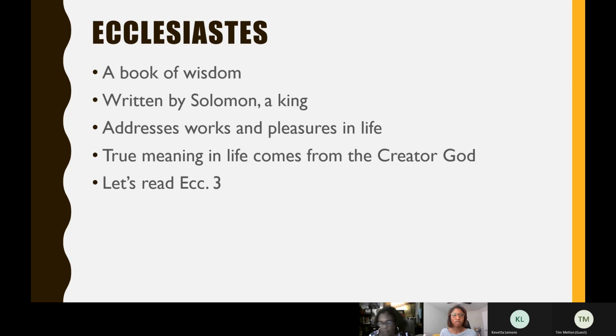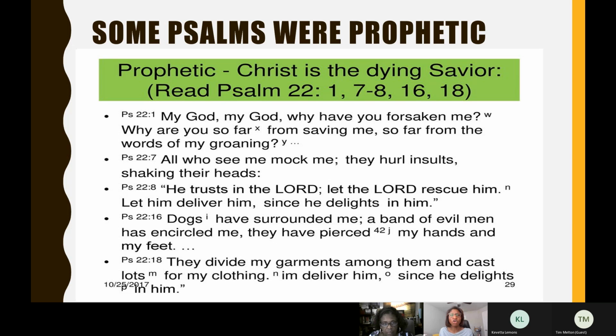No, I want to tell you one more thing before we go about Psalms. Some of the Psalms were prophetic, and I just wanted to show you this in Psalm 22. Some of the words that are located in Psalm 22, as you see right here on your screen, were fulfilled in the New Testament, and it's really interesting.